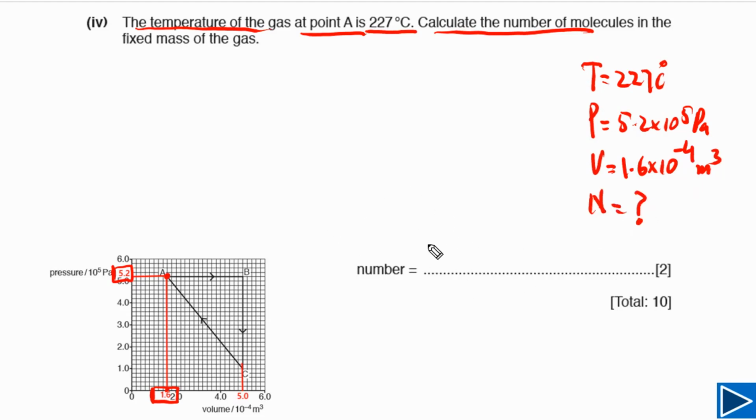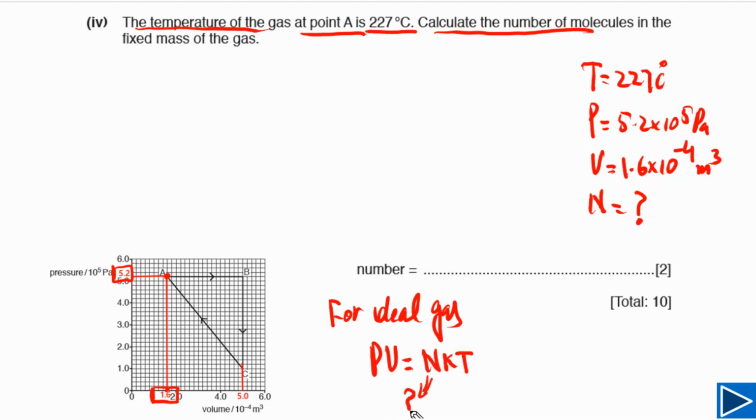As we are talking about ideal gas, for any ideal gas, PV is equal to NkT. We need to find the value of N, but we have the value of P, the value of V, and the value of T, and k is a constant. We can find its value from the data table.